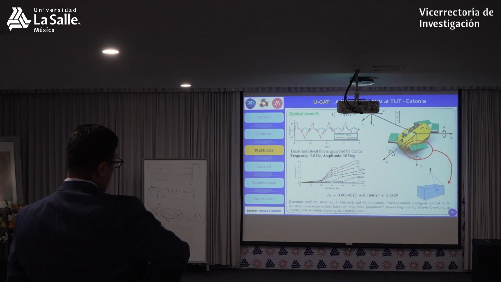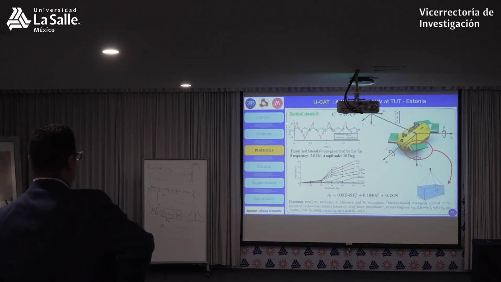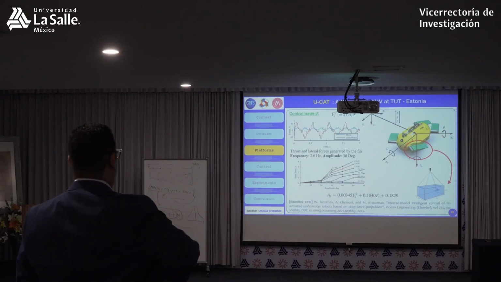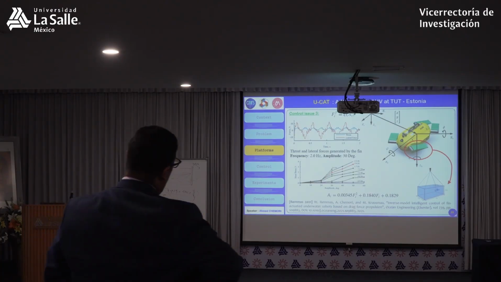For each amplitude, you take the mean value of this thrust, and we obtain these curves. For each one of the curves, you have the frequency of oscillation. Finally, we decided to keep it at 2 Hertz. So the frequency is fixed. We no longer modify the frequency, and we use the amplitude as a control input.